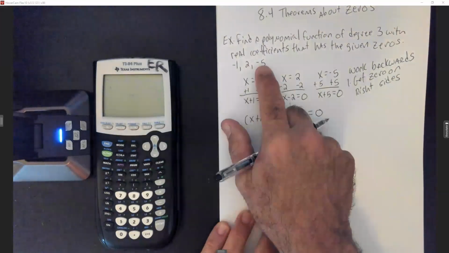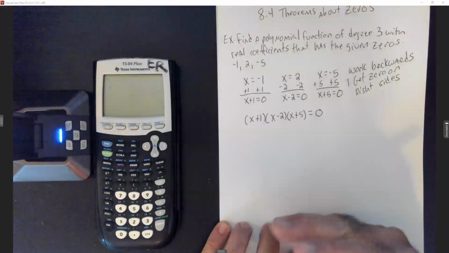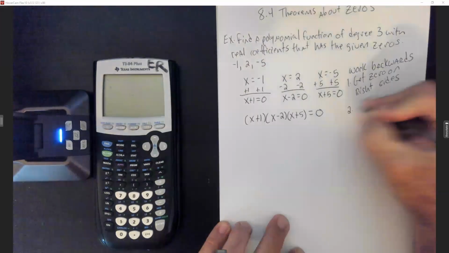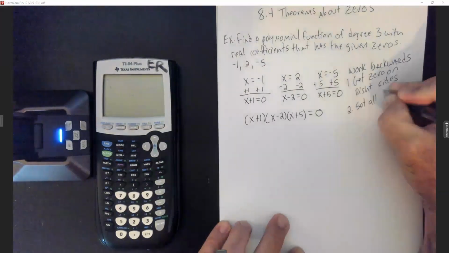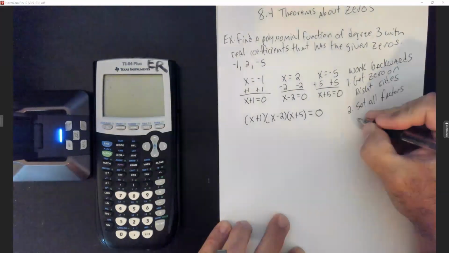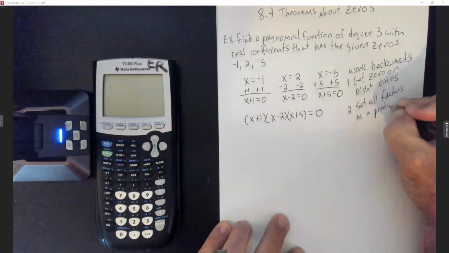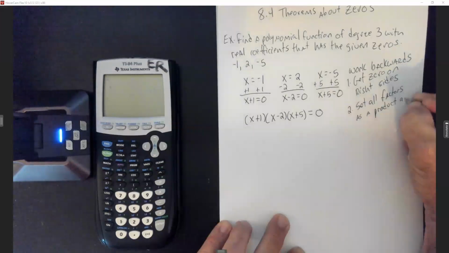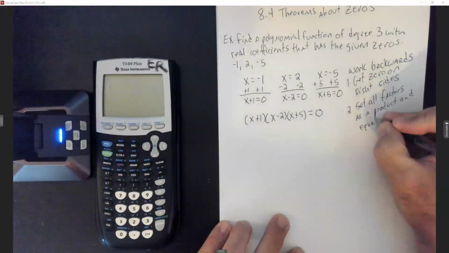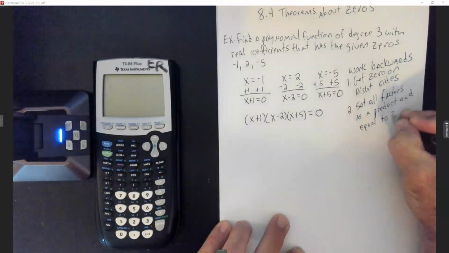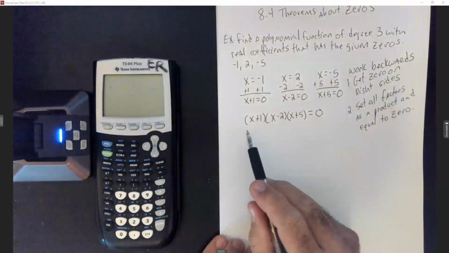So remember, we're going totally the opposite way. So set all factors as a product and equal to 0. Okay, so that's what we're doing there. We're setting them as a product.